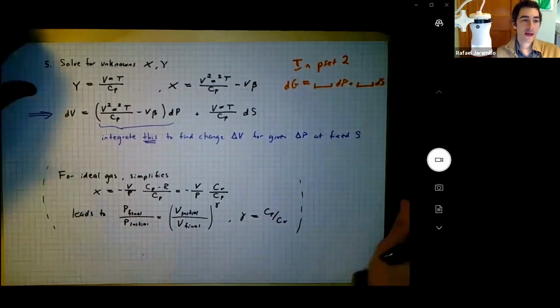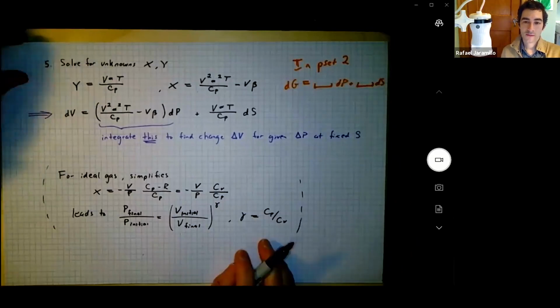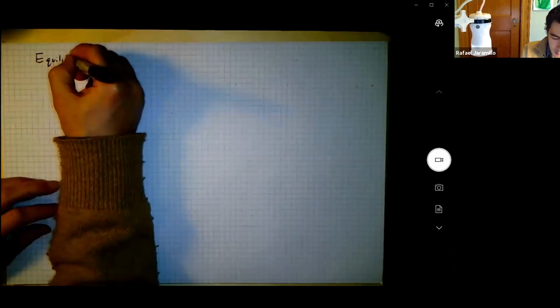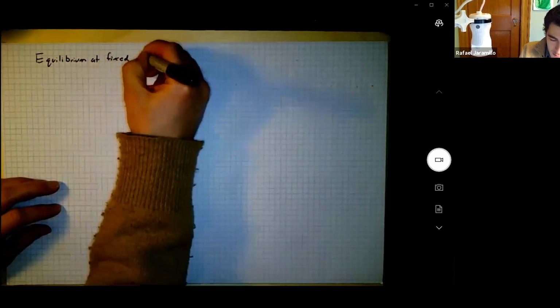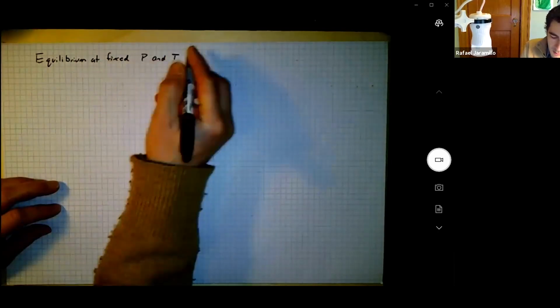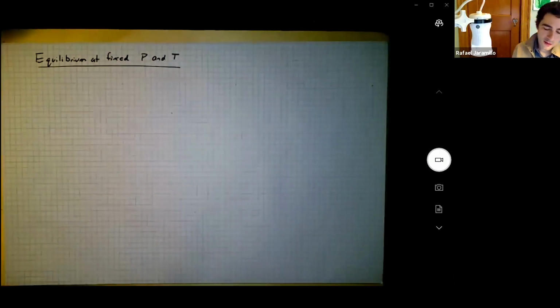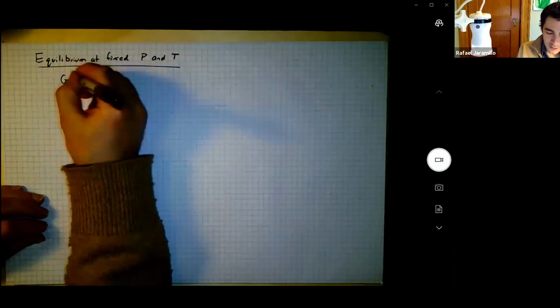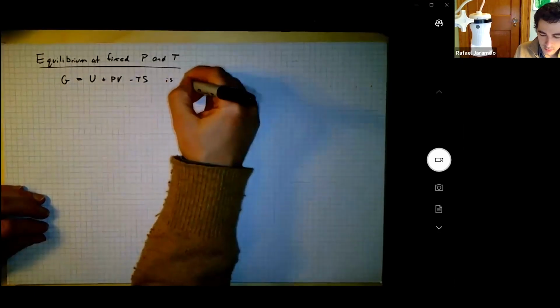So for the remaining minutes, we're going to get a little bit specific and talk about Gibbs free energy. Let's talk about equilibrium. At fixed pressure and temperature, so now we're processing materials, the Gibbs free energy, G equals U plus PV minus TS, is minimized.